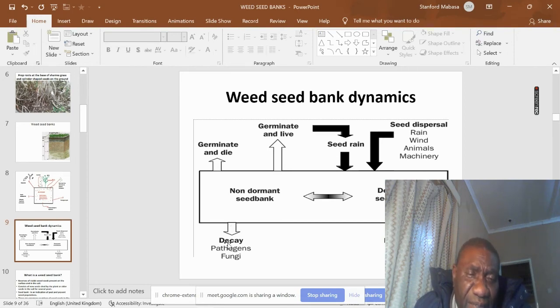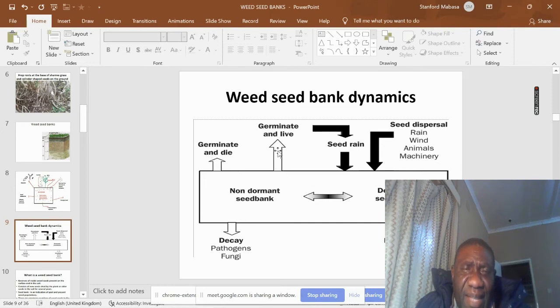We can also have decay. Pathogens and fungi can actually reduce the weed seed bank. Then some may germinate and die, through natural death or through weed control measures.